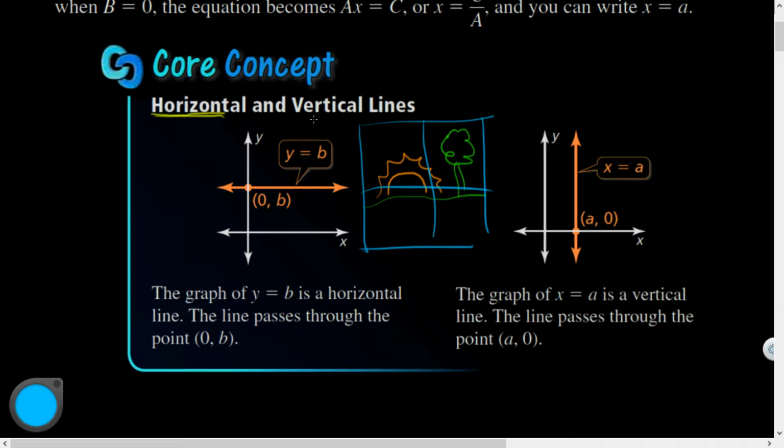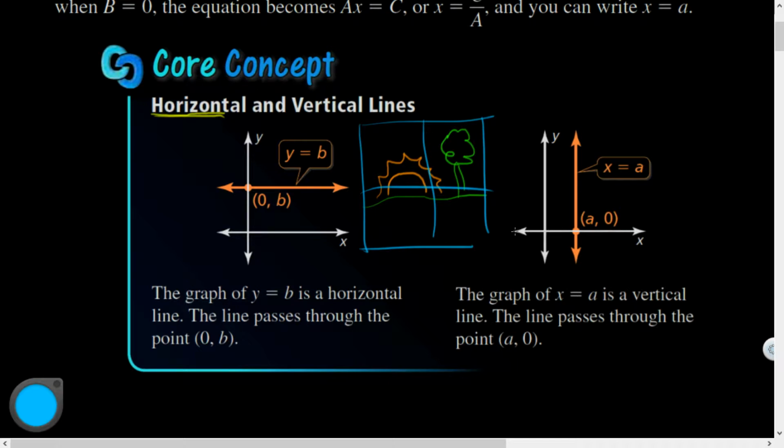So check this. Horizontal lines will have a graph of the form y equals a number, and vertical lines will have the graph of the form x equals a number. What's weird about that is that the y-axis is the vertical axis, yet the equation for a horizontal line has the y in it.